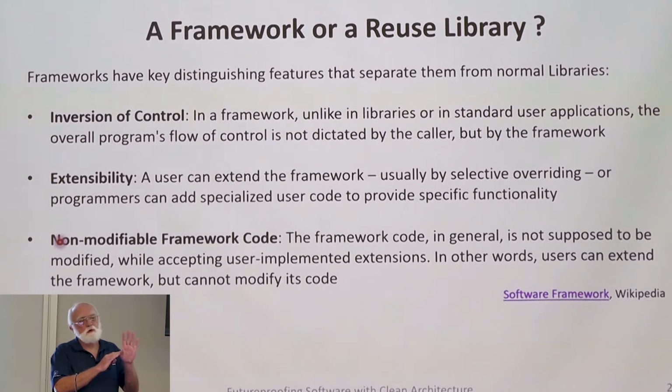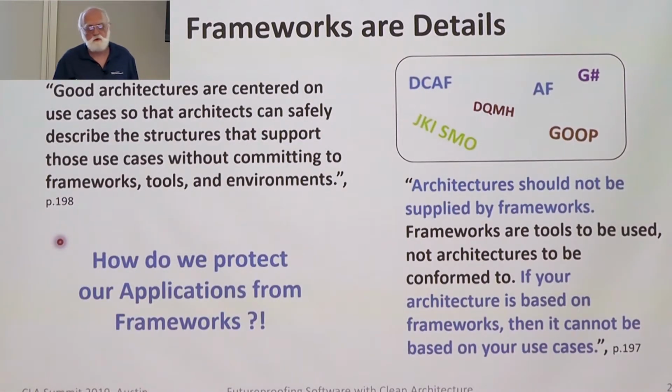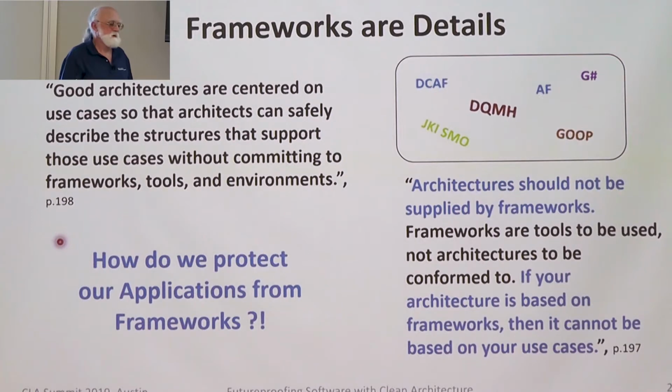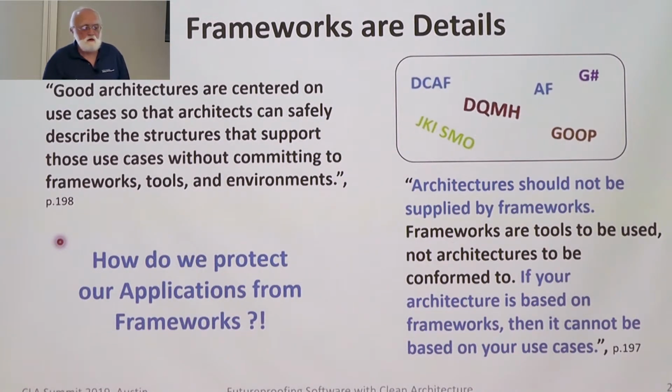It is extensible. There are extension points. That is the Actor object. And it has non-modifiable code that you cannot edit. Again, this is the Actor object. So the Actor Framework is definitely a framework, but many of the frameworks on the prior slide that we used to call frameworks, like I think DQMH and the messenger library and some other stuff, they're not frameworks, they're reuse libraries, I think.